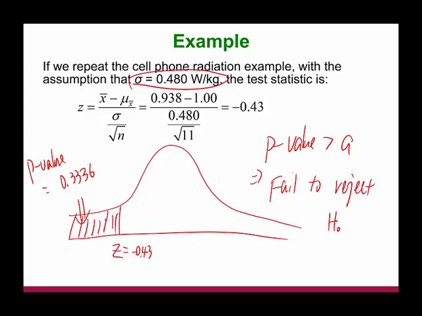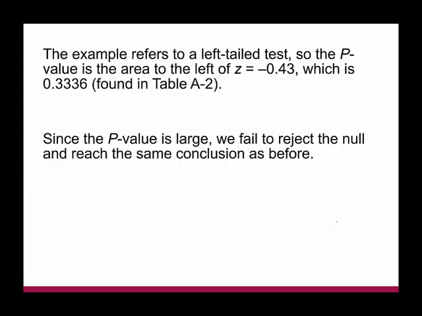Okay. It's a very similar conclusion. Since the p-value is large, we fail to reject the null hypothesis, reaching the same conclusion as before. So it's a very similar procedure, just using different tables, Z table versus T table.